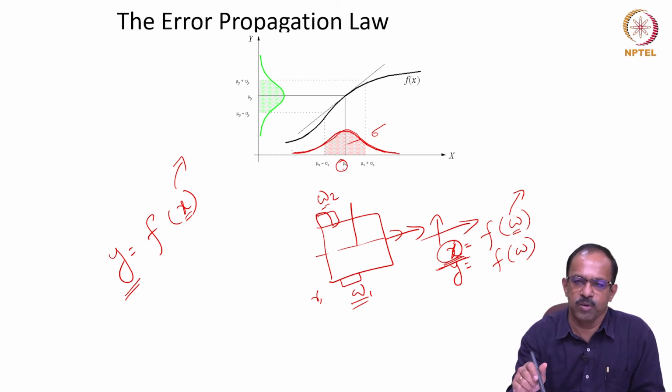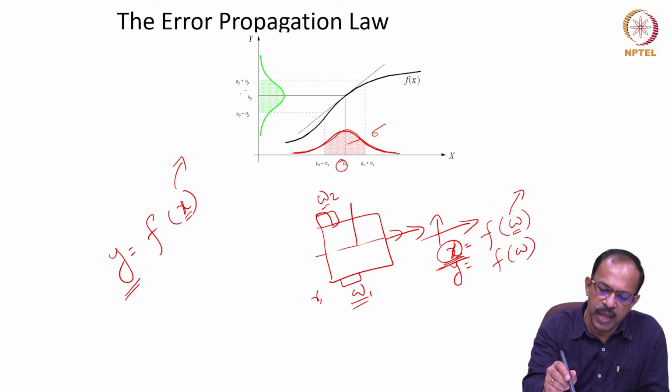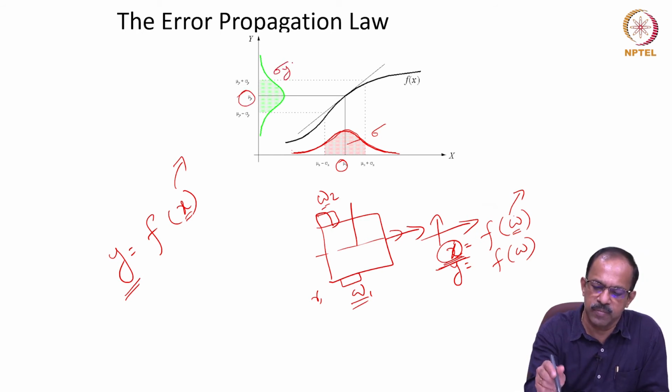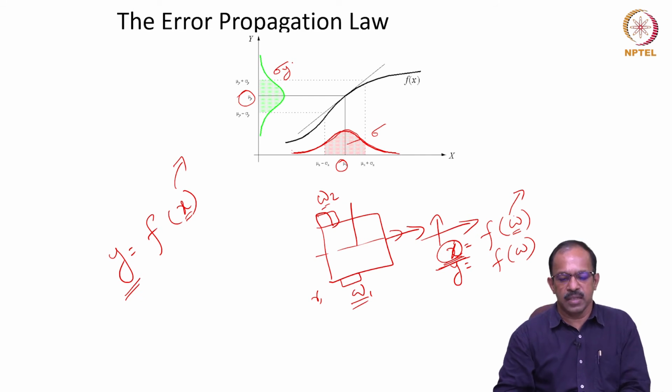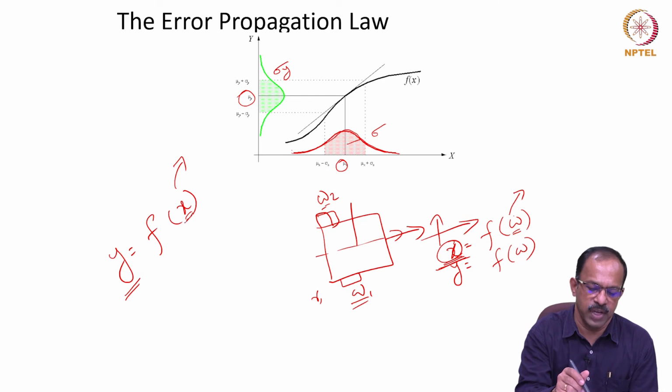If I know the sensor mean value and its standard deviation, can I find out the error in y, mu y and sigma y? If I can estimate mu y and sigma y, then I know the error in y because of the error in x.